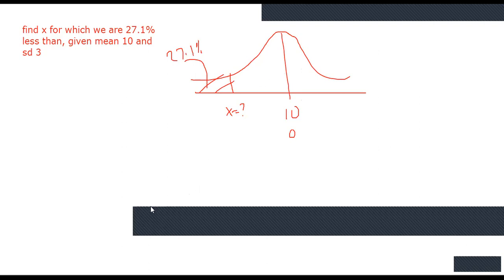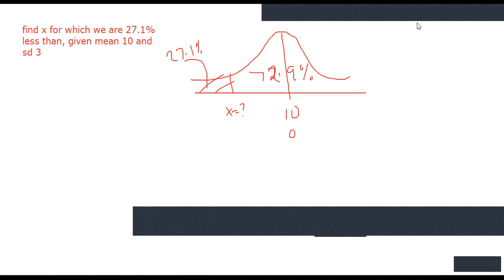Remain with 73.44? Are you sure? Subtract properly. Let me do it. 100 minus 27.1 is 72.9. All right. So we now check for this inside the table.